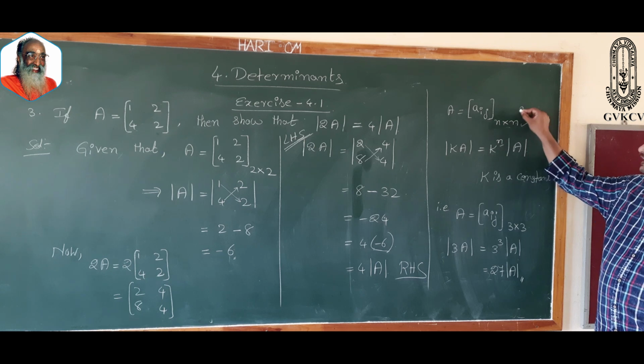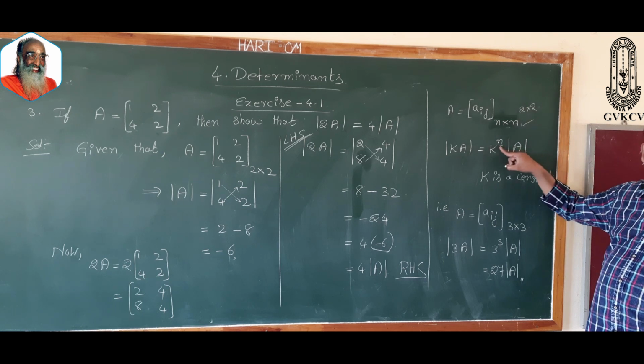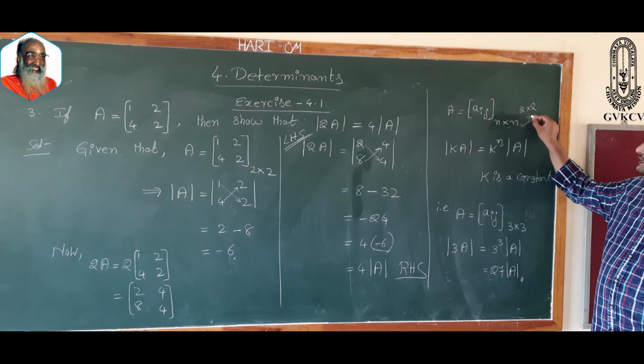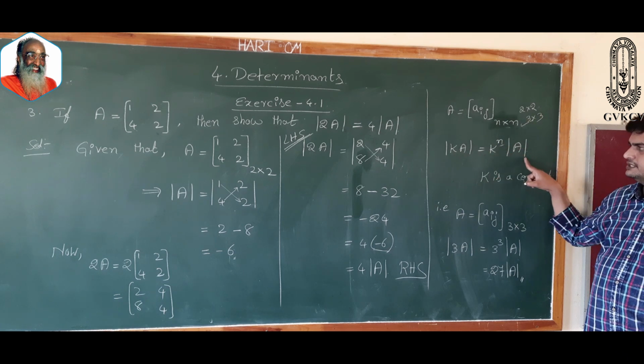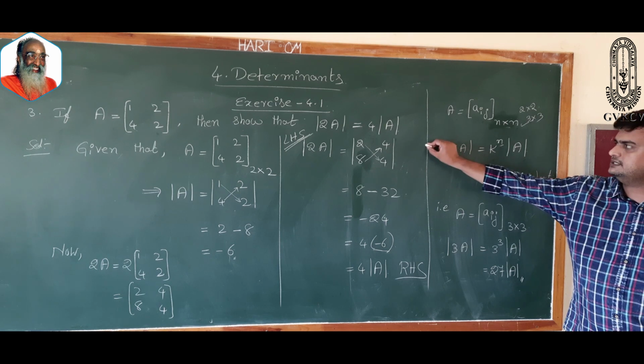For example, if it is 2 by 2, n is 2. If it is 3 by 3, n is 3. So this is the concept we get from this example.